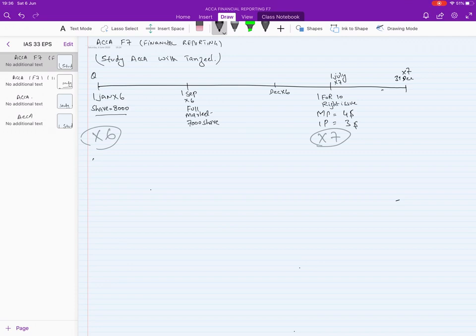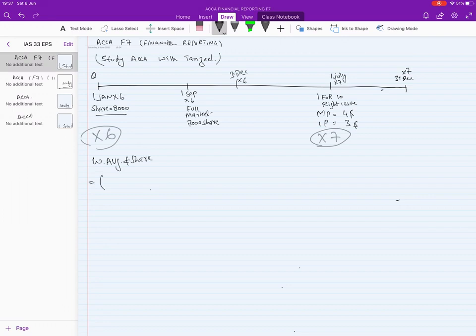No, we don't. So we can simply take 31st December X6. We don't need to take effect from the very first day, since there is no bonus issue or right issue. So just calculate the weighted average number of shares.